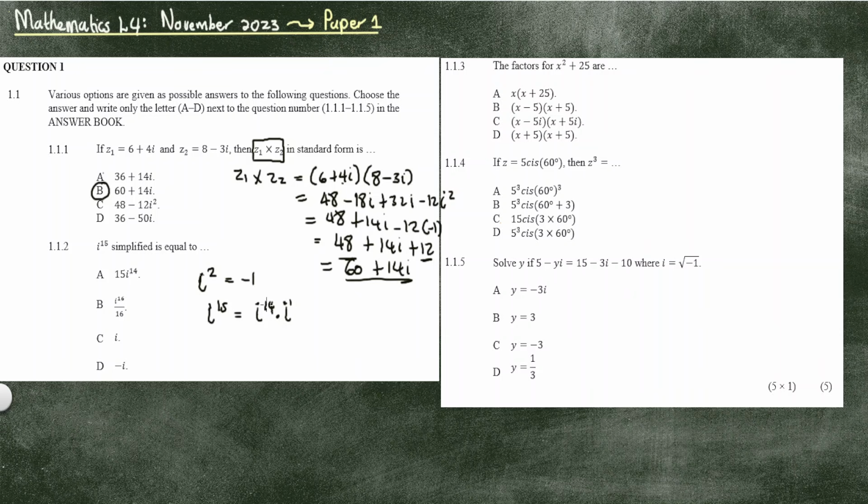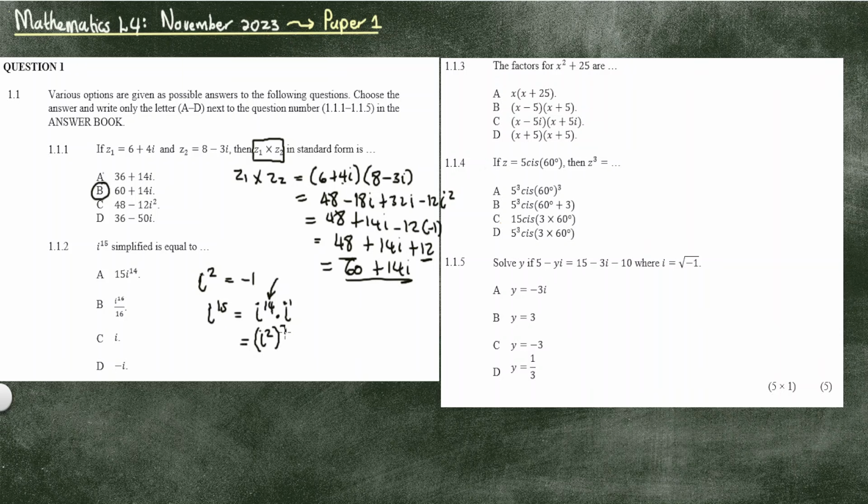But by multiplying them together, it's going to bring you back to 15. Now I have one of the i's with an exponent that is an even number. So 14 is an even number. What I'm going to do now is isolate the i squared, like this. Now, what is 14 divided by 2?